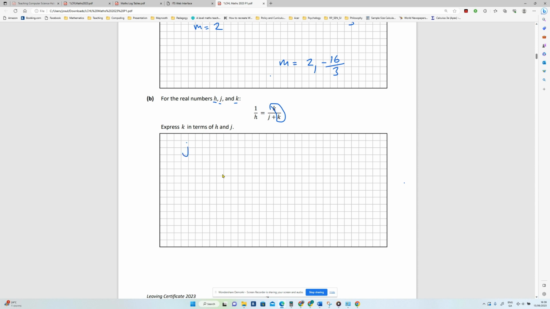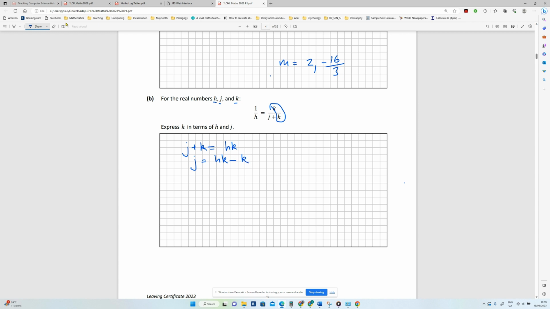So you're going to have j plus k is equal to h multiplied by k. Okay, let's bring the k over here for a start. So j is equal to hk minus k.